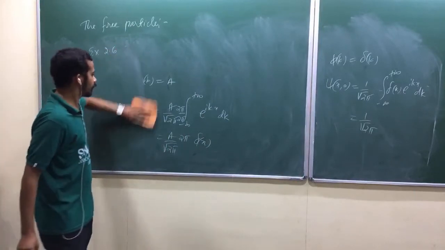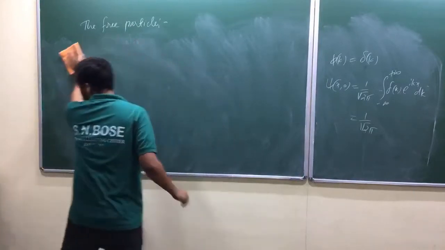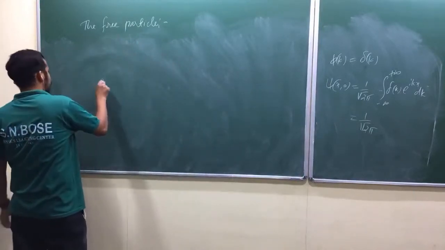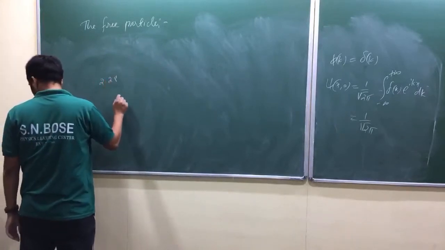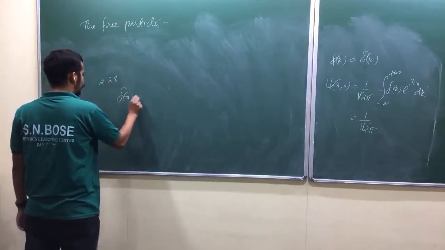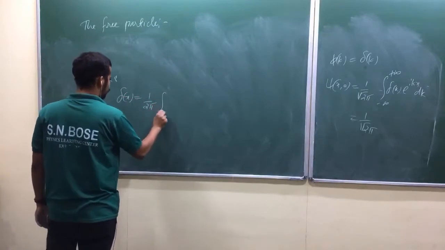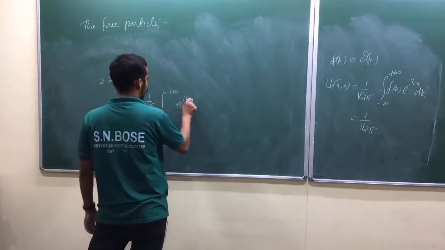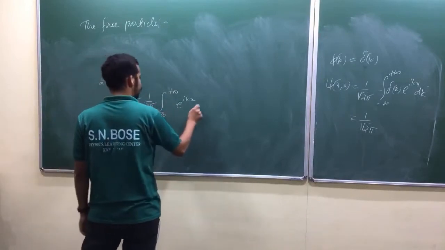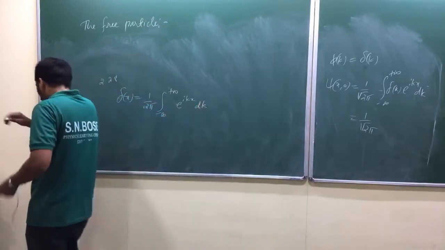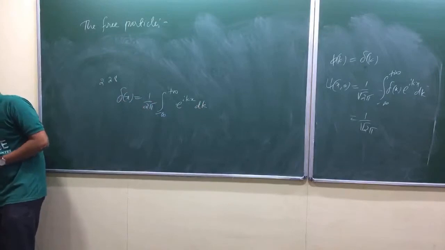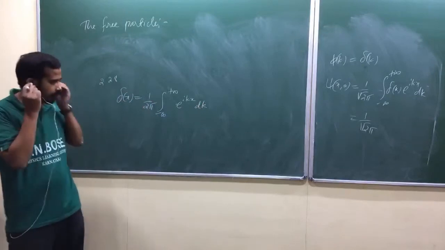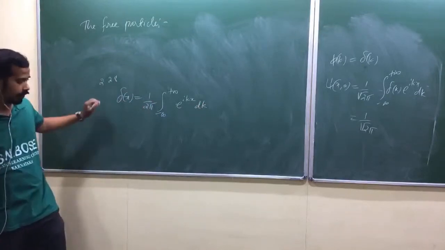And in this problem, he gave this one actually, 2.2. Delta of x is equal to 1 by 2 pi. I can put 1 by root 2 pi also for convenience.